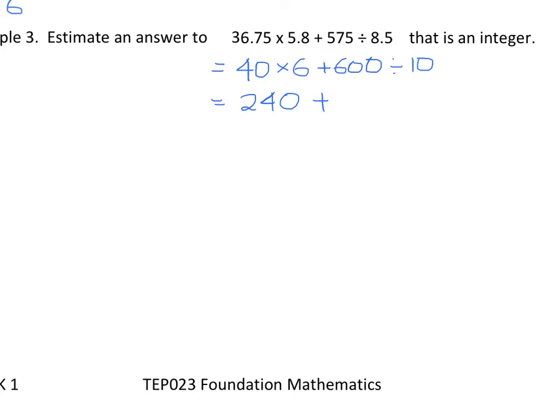Well, it's an easy way to divide by tens. That 10 divides into that 10, and we've got 60. So 240 plus 60, the answer is 300.